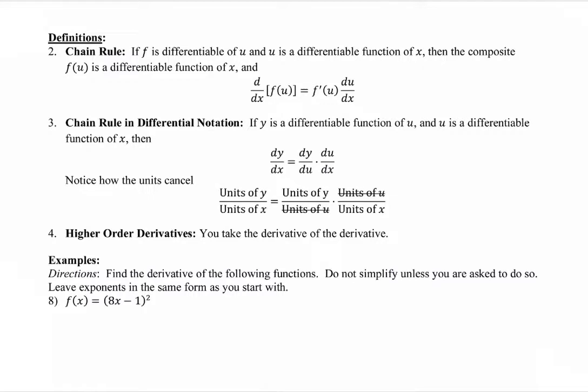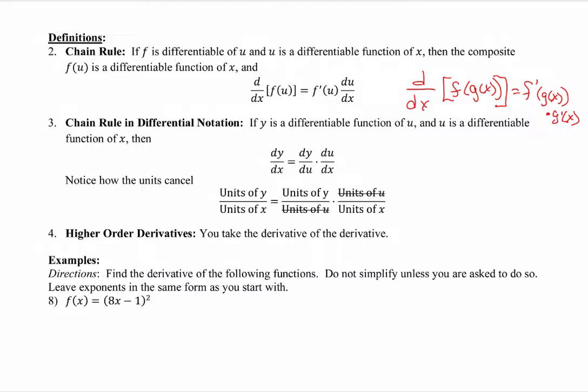So down here, what this says is that if I want to take the derivative of f of g of x, then it's f prime of g of x times g prime of x. Okay?